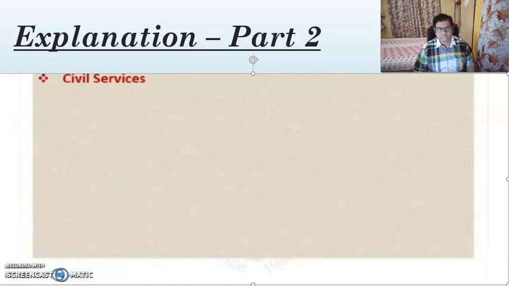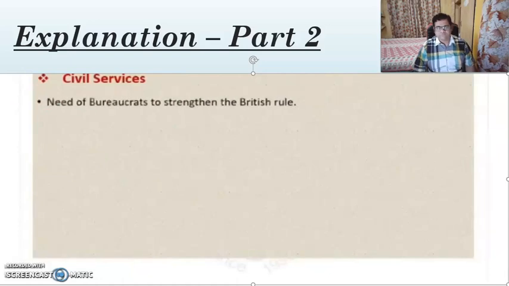British rule was increasing in India, and to strengthen this, there was a need of bureaucrats. What are bureaucrats? Bureaucrats are those government officials who run the government at ministerial level or at district level. They have the responsibility of actual implementation of government policies. Whatever policies the government makes, they help to implement.